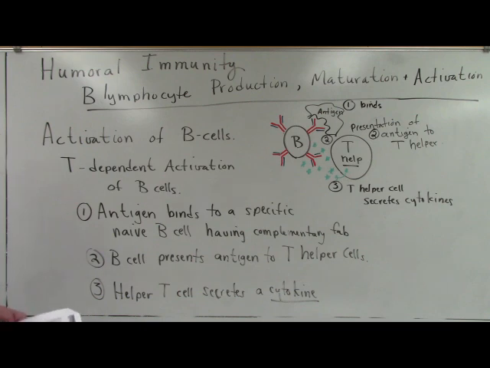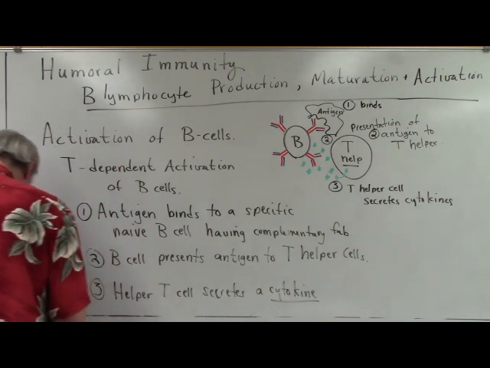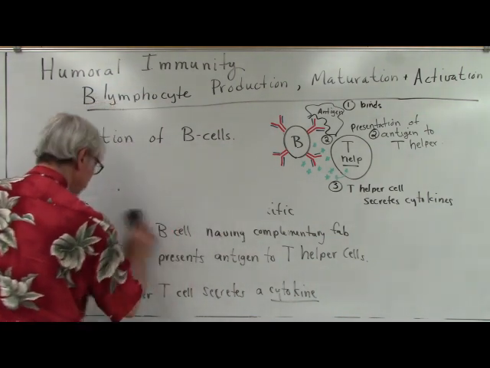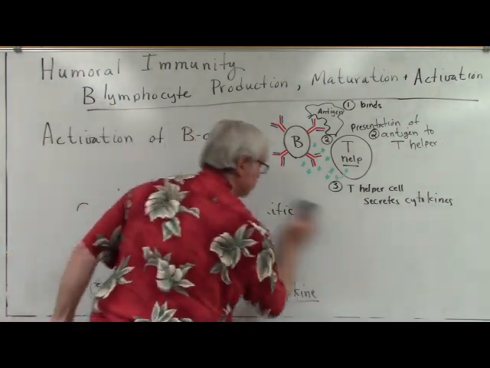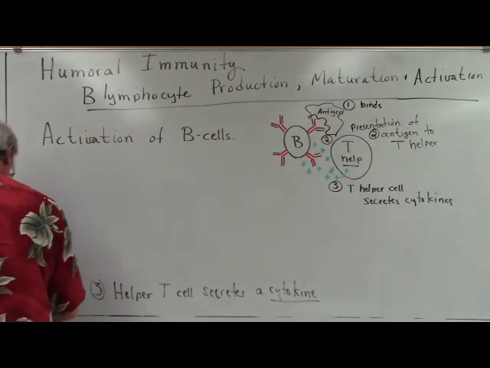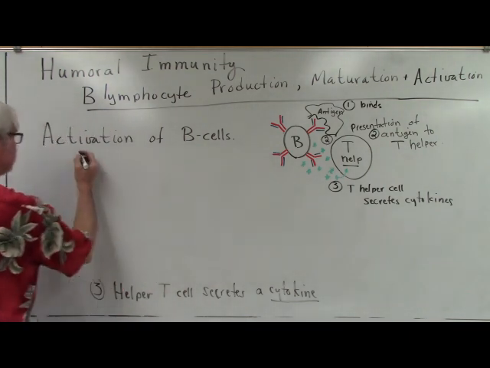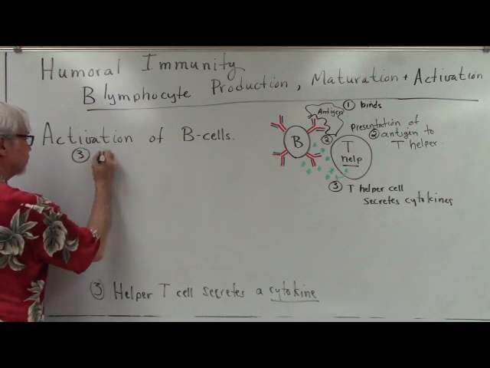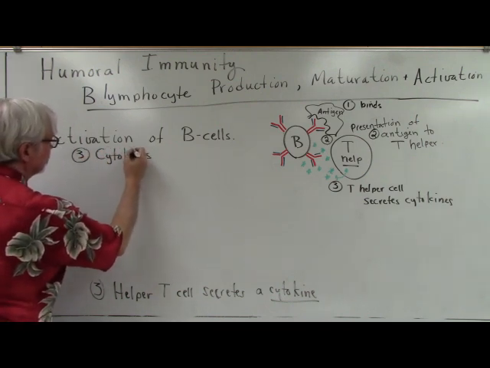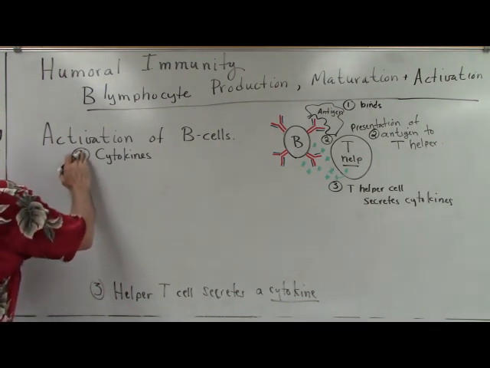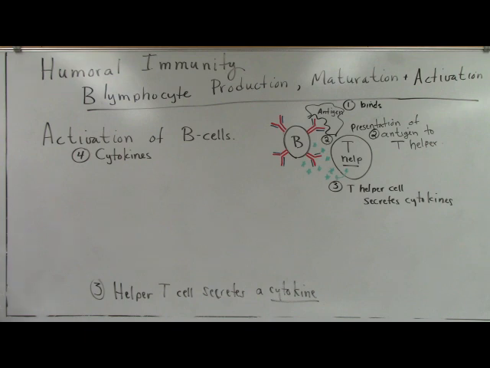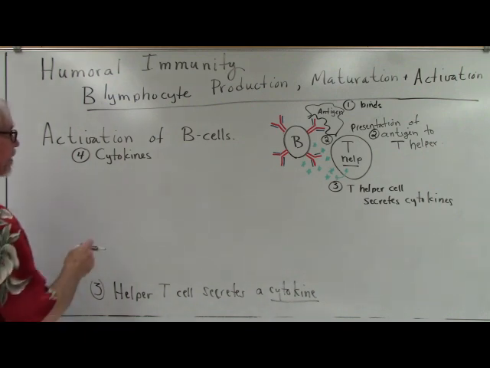And these cytokines then, so continuing on with 3, maybe this should be 4. So the cytokines then are going to cause a clonal proliferation of this B cell.